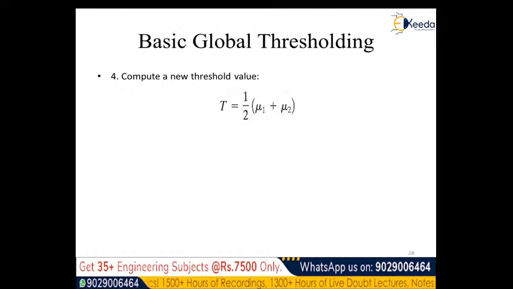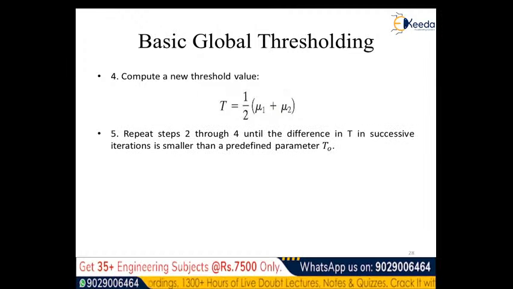Now in the last step, we repeat step number 2 through step number 4 until the difference in capital T in successive iterations is smaller than a predefined parameter. You can consider this to be a tolerance denoted by capital T suffix 0. It is really important to understand that this particular procedure is an iterative procedure.